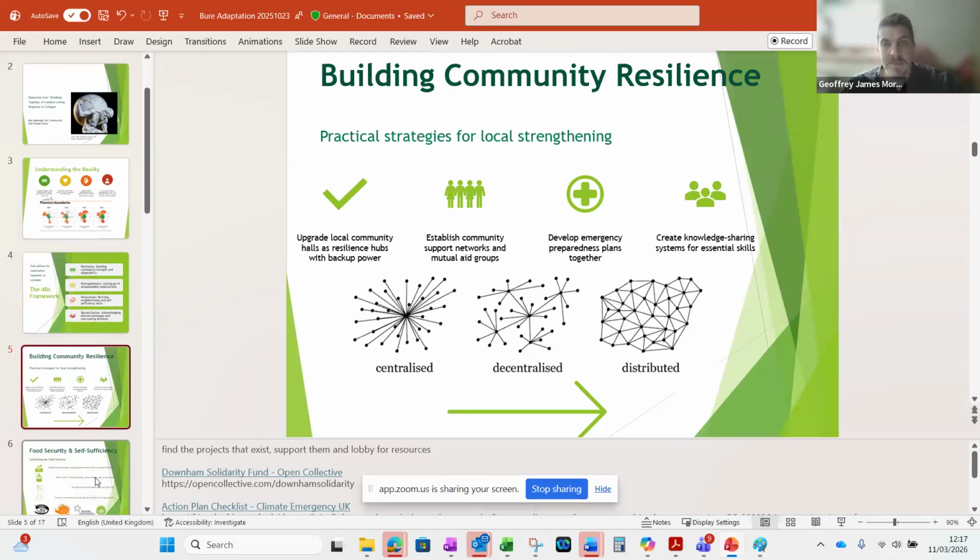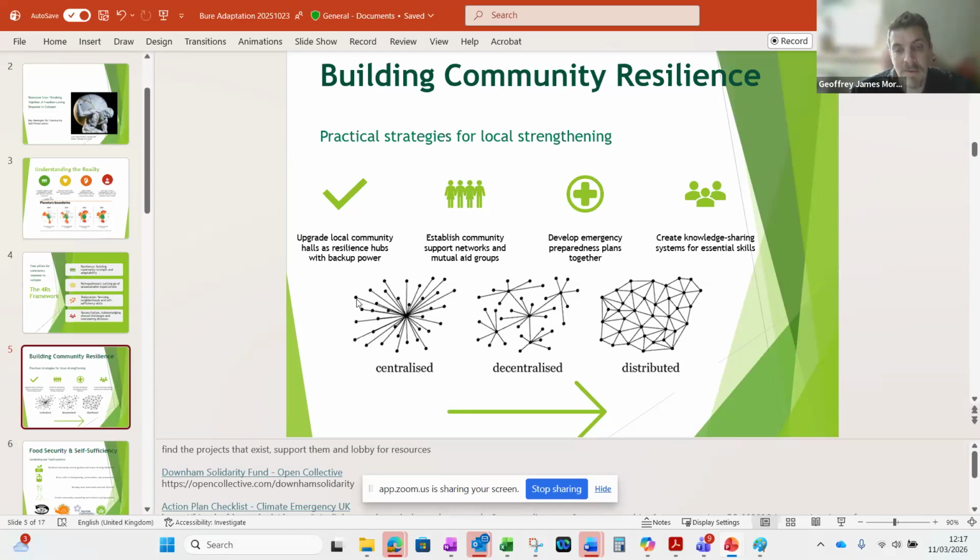So what we're looking at, in a sort of abstract concept, is moving away from a centralized way of organizing our society to a distributed way of organizing it. So if you imagine that your community where you are is one of the nodes, if you can see my cursor, at the end of a long stick, quite far away from the middle of power. That's how our food system works, our power generation works, our governance.